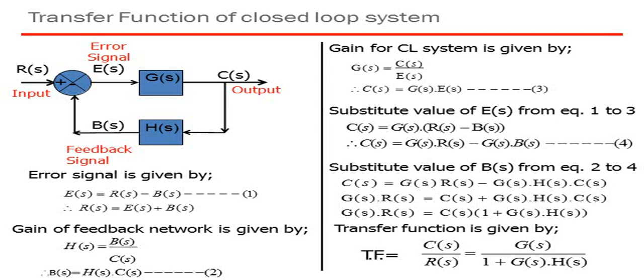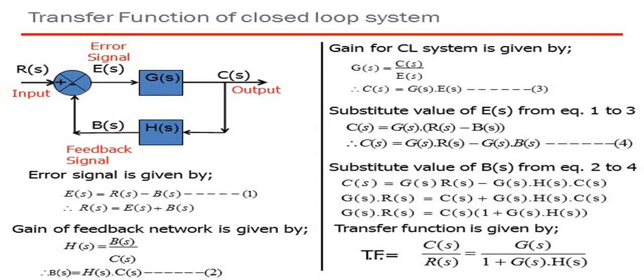Okay, so Laplace of output is represented by C of S and Laplace of input is defined by R of S. So from the equation, it is G of S divided by 1 plus G of S into H of S. So we get this simply by rearranging the above equation.